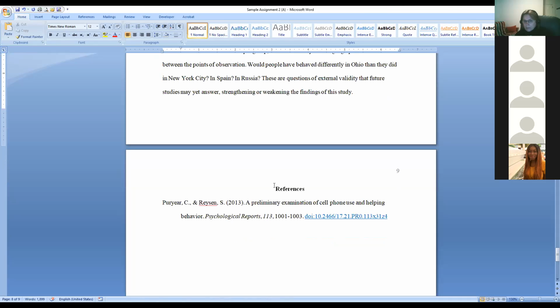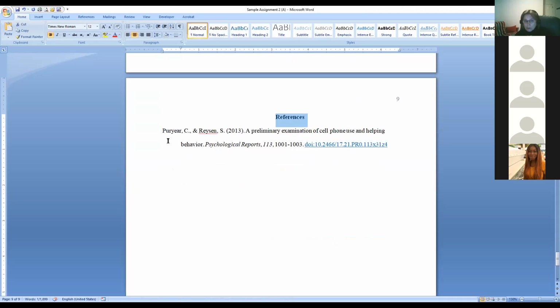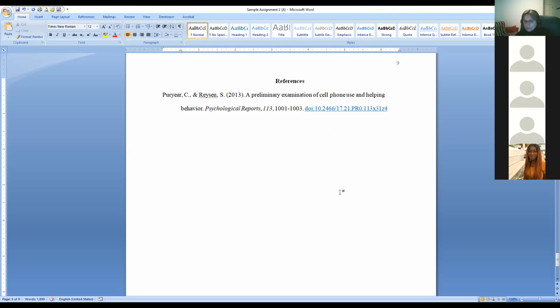Finally, we have the references page, right? So check your references page. Make sure that your research article, minimum is 1, but you may have 2 if you found something else that was useful. This is how it is formatted with the title of the article followed by journal's title and volume in italics, followed by pages without the PP abbreviation and the required digital object identifier.